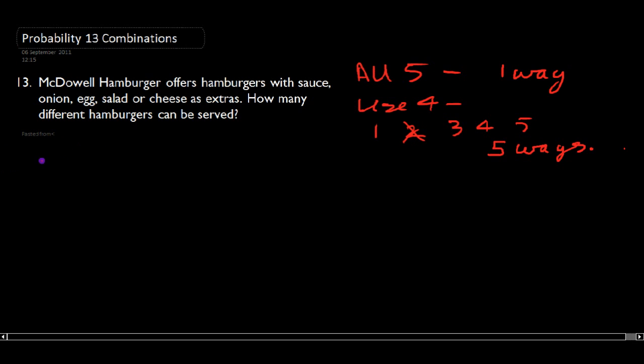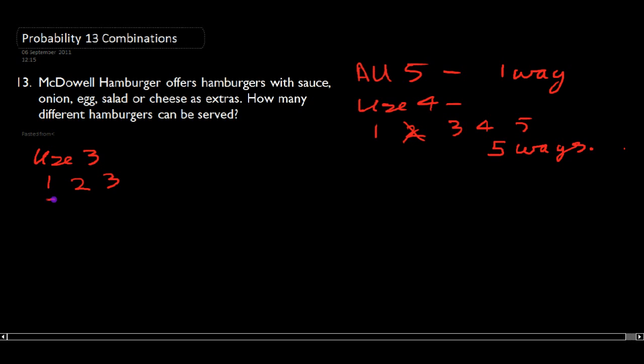Now let's go to use 3 of the toppings. We're going to have to use a little bit of thinking caps here because it's going to be harder. We could write them all out, but this method's not going to quite work as easily. So let's say we're going to use 3 of them.